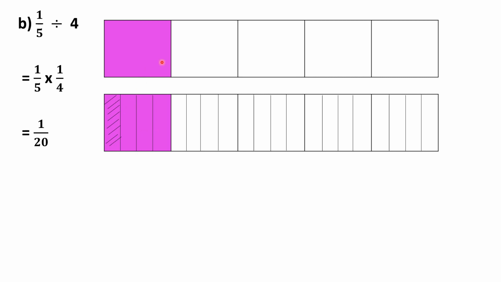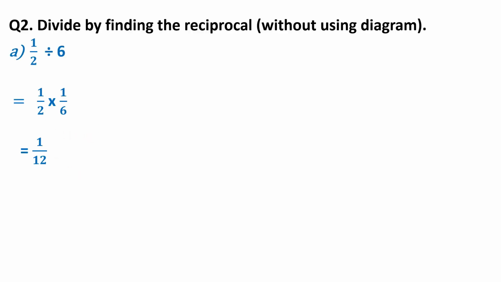That means each of these boxes is divided into 4 equal parts. So the total number of parts here is 20, and the one part which is common is shaded here also, that is 1. You can see I have drawn it with shaded lines, so we are getting 1 by 20.